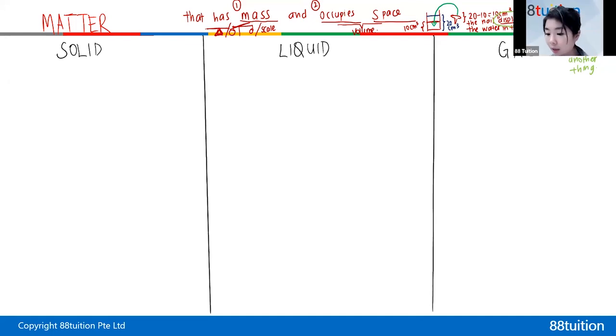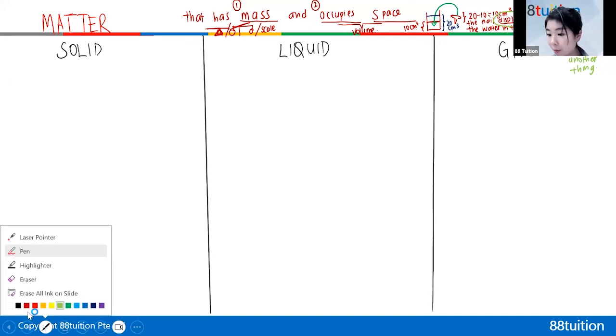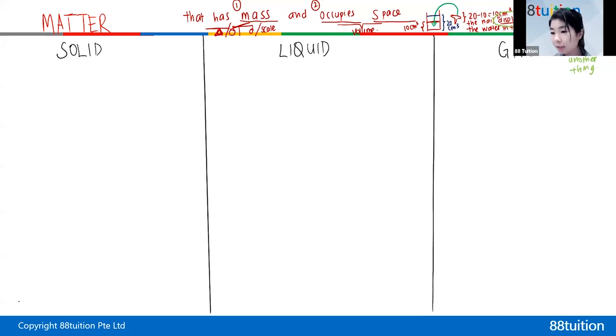Okay, so now let's talk about solid. Whenever we talk about matter, we need to consider its shape and whether or not it has a definite volume. So we need to consider definite shape or no definite shape, definite volume or no definite volume. So for solid, does it have a definite shape? Does it have a fixed shape?